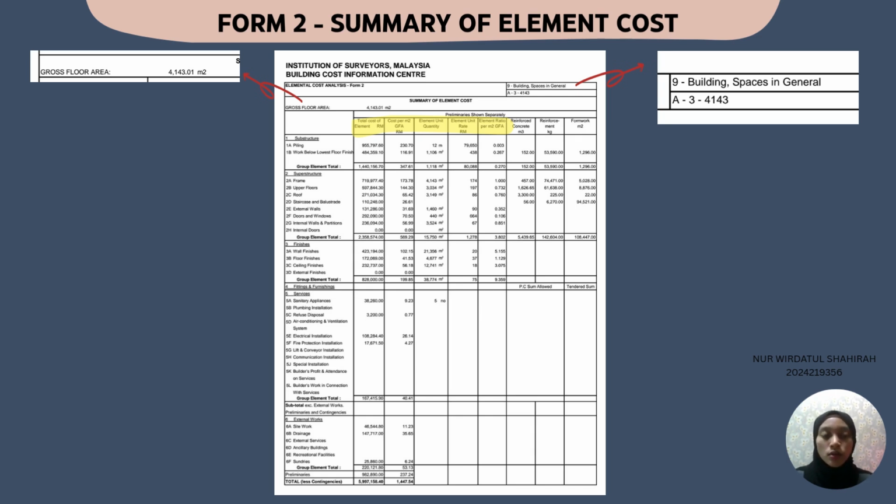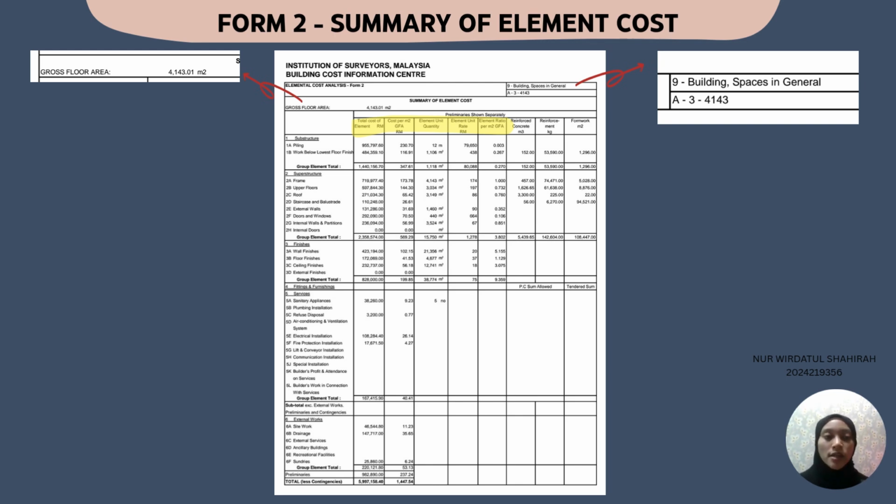The total construction cost, excluding the contingencies, is approximately RM 5,997,158.40, which gives an average cost per square meter of RM 1,447.54. This cost is divided into six major components, which are substructure, superstructure, finishes, fittings and furnishing, services, and external works.